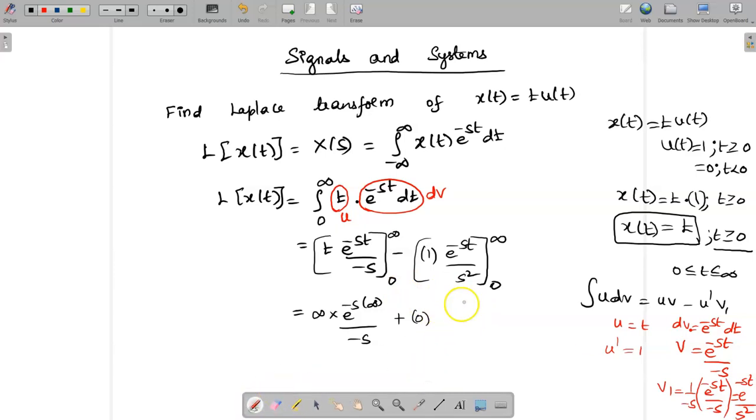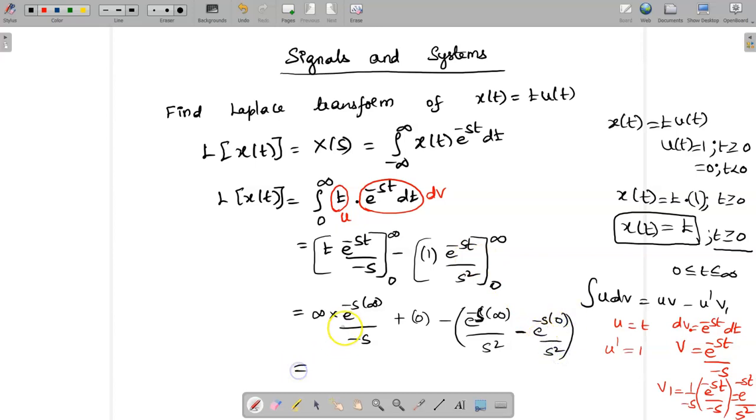Then minus, apply the upper limit: e power minus s into infinity divided by s square. And then apply the lower limit, for which we use one minus: e power minus s into 0 divided by s square.